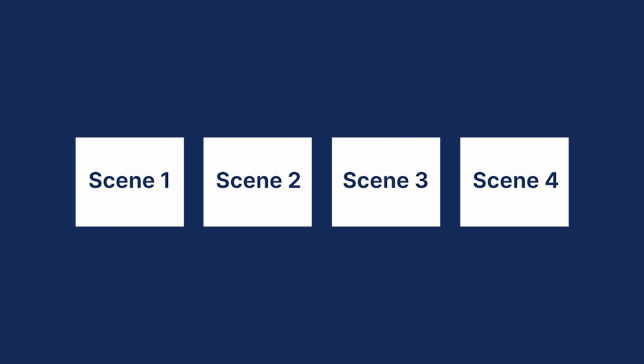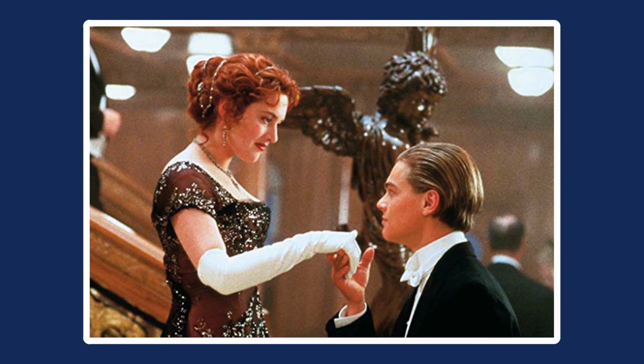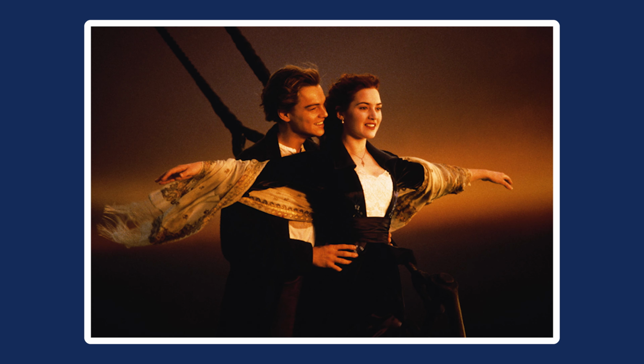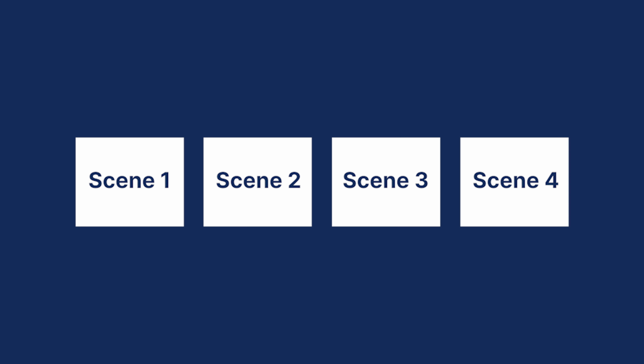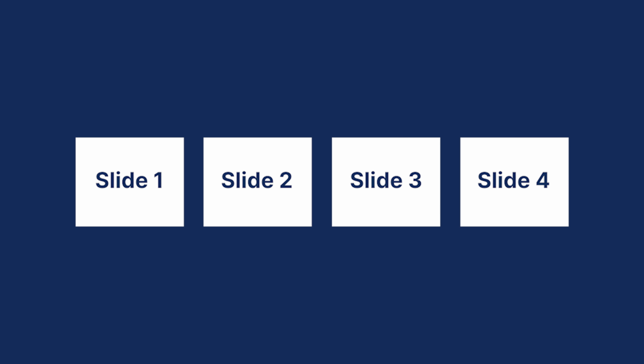Now, we often forget that movies are written and filmed scene by scene, and yet as one scene disappears and the next scene begins, it's never an abrupt transition. It's always seamless. It's these seamless transitions that hold the different scenes of a movie into one coherent story. Now, what does this mean for our presentations? Think of each slide as a scene in your overarching story.